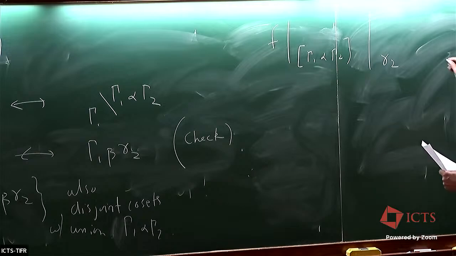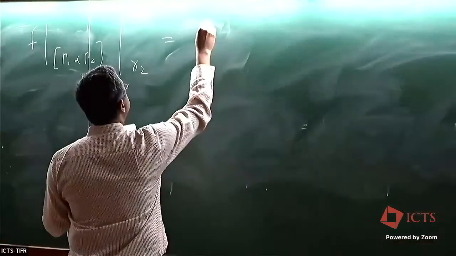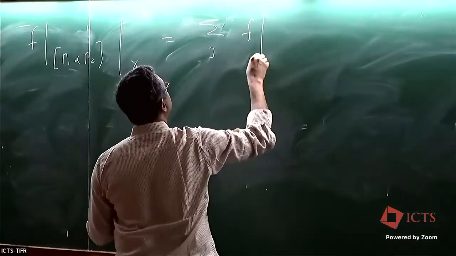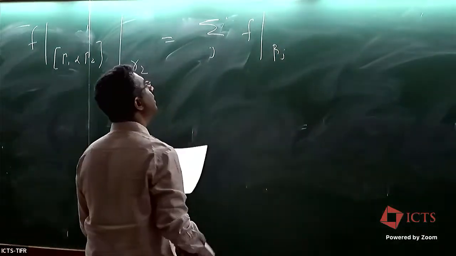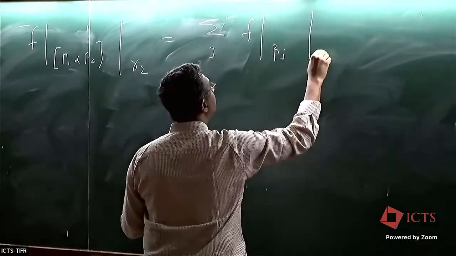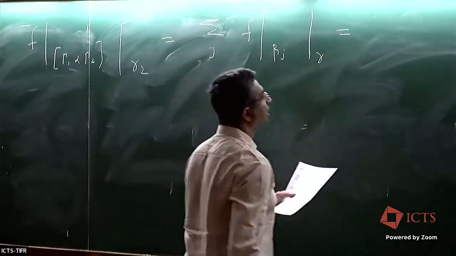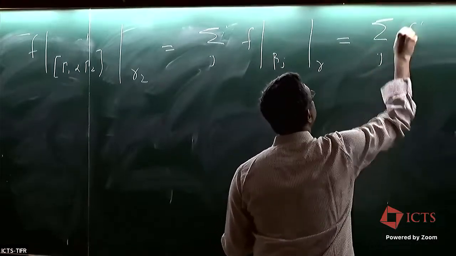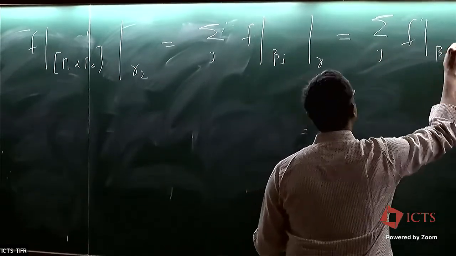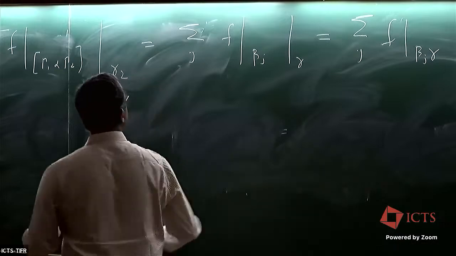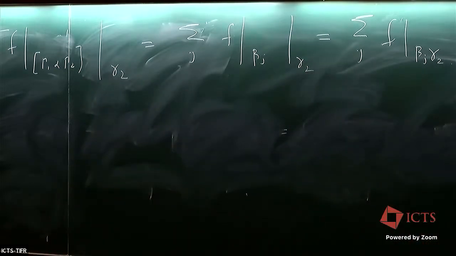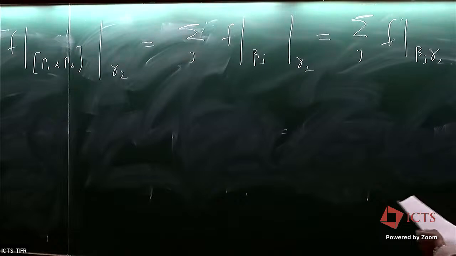A small computation: this is a disjoint union by the definition over there. f slash beta j slash gamma, which is f slash beta j gamma. So this is also a bunch of coset representatives for Gamma 2, and by definition, this is just the same function.